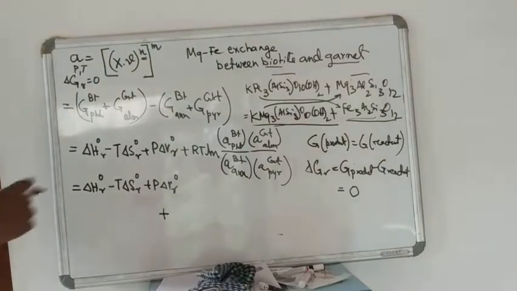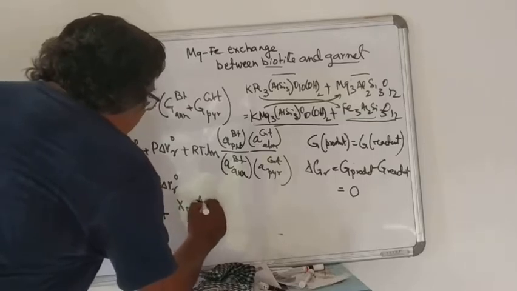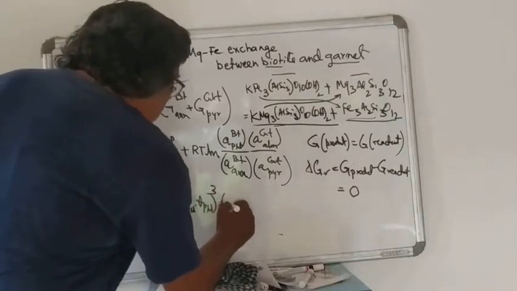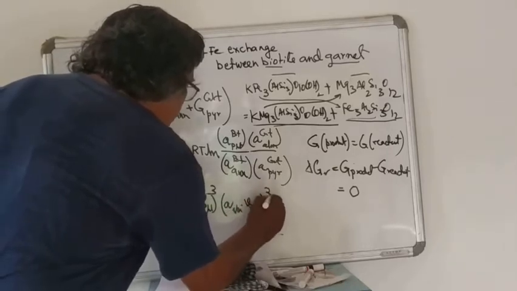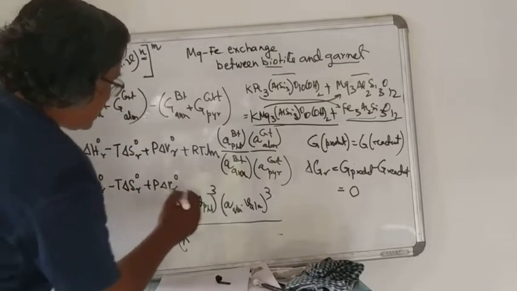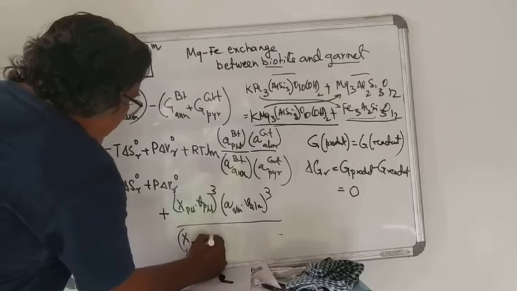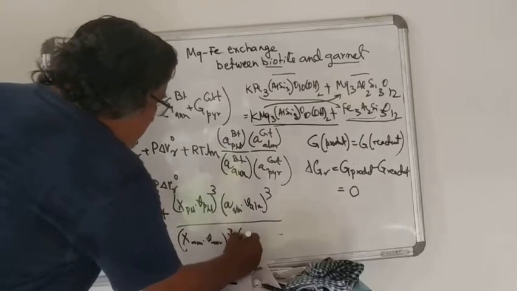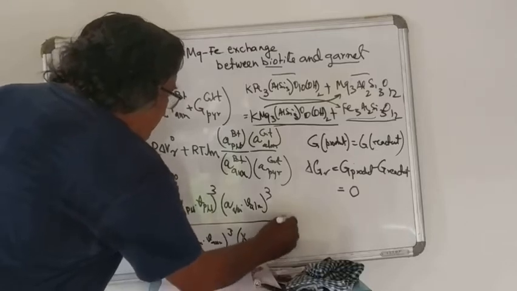Now you see, X phlogopite into gamma phlogopite whole cubed, activity of almandine into gamma almandine cubed divided by X annite into gamma annite whole cubed into X pyrope into gamma pyrope to the power 3.